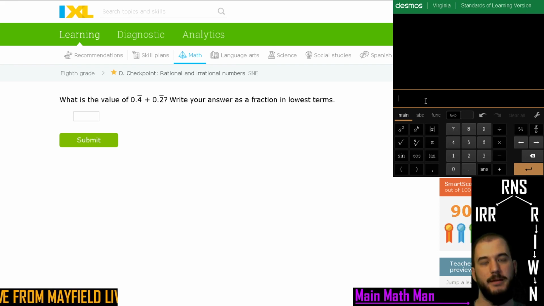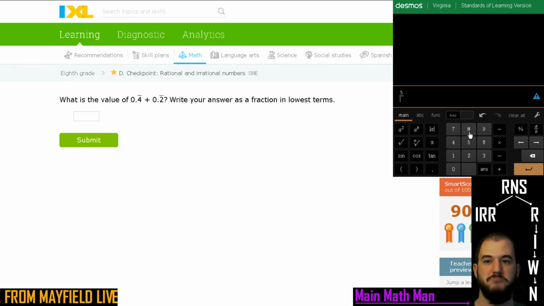So let's see, what would be 0.4 repeating? I think that's going to be, let's see, is it 5? Let's try out some fractions here. 5 over 9 maybe? That's 0.5 repeating. So similar idea. Let's do 4 over 7. Not close.